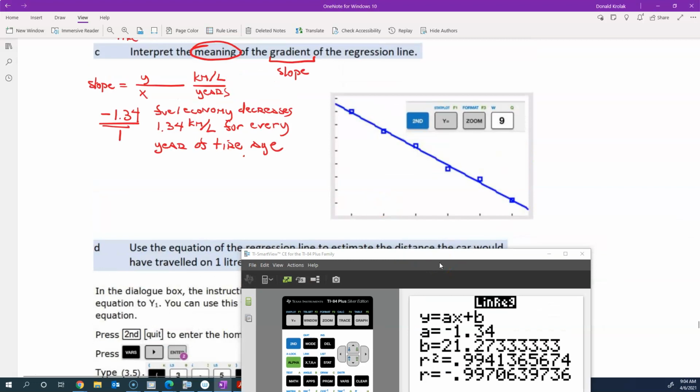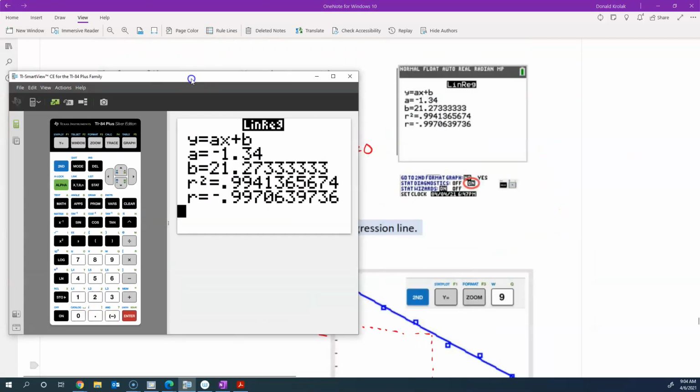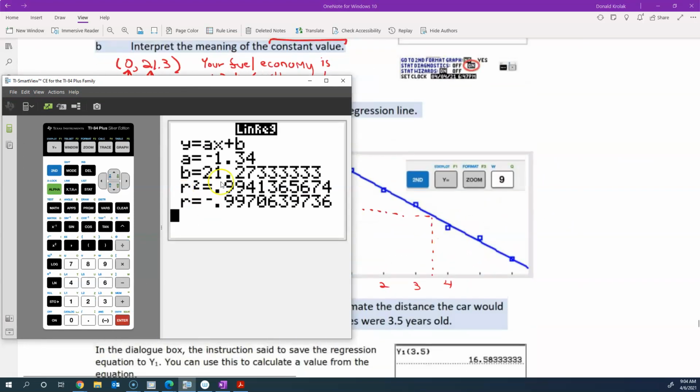If we did a graph here, this is going to be the fuel economy in kilometers per liter. Now to put your graph on there, here are the keystrokes. You go second, y equals.